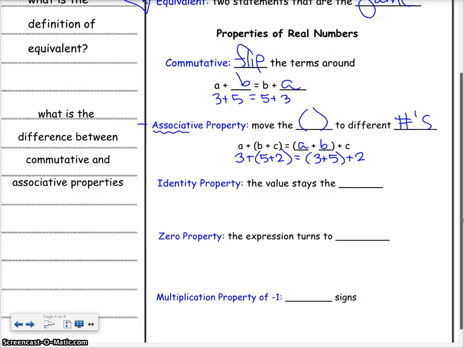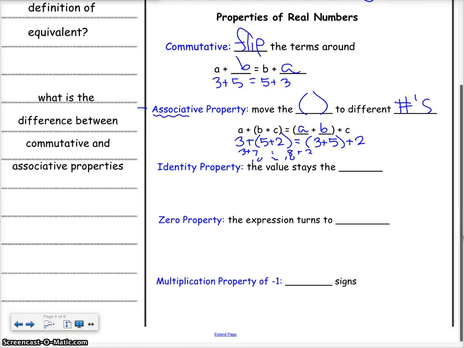And it only works for addition and multiplication. It doesn't work for subtraction, and it doesn't work for division. So 3 plus 5, plus 2 is equivalent to 3, plus 5 plus 2, because this is 3 plus 7, and this is 8 plus 2. 10 is 10. It doesn't matter. Only for addition and multiplication.